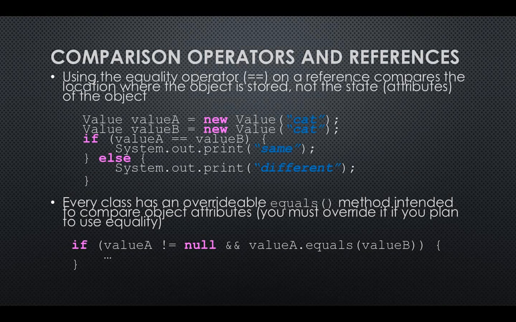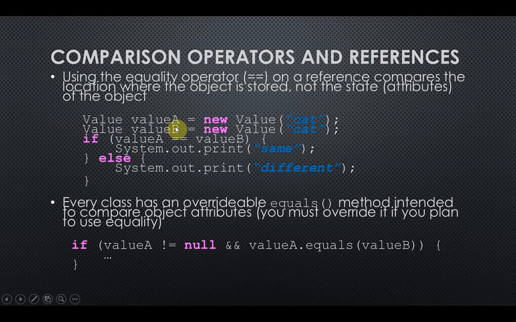So I touched on using comparison operators with object references. The equals and the not equals will always look at the location in memory where an object is located in the heap. So here's an example, a little code snippet. I have a Value class.